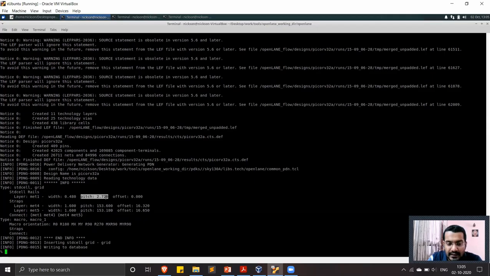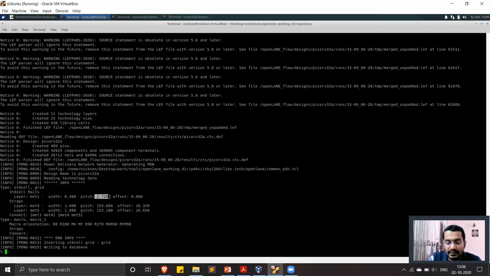This is the reason why, if you remember the third lecture, if I'm not wrong, I think third or fourth lecture, where we had plugged in our custom inverter, I had wanted the height of the inverter to be 2.72. This is the reason why the height of the inverter needed to be in multiples of the site height 2.72.